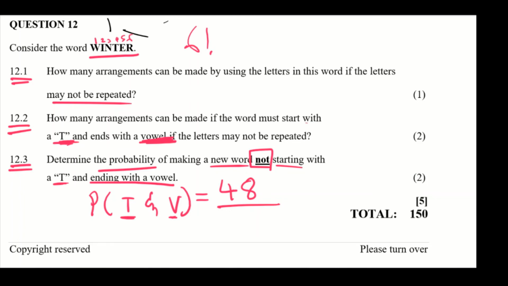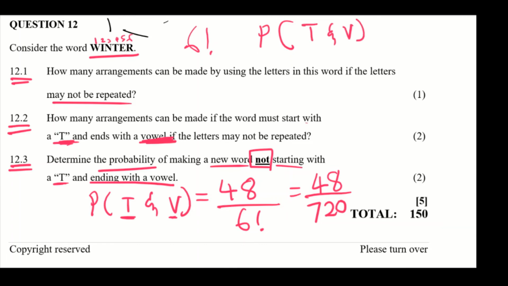So 6 factorial is going to give you 720, right? So the probability that the new word starts with a T and ends with a vowel is equal to 48 over 720, which should give you 0.067.